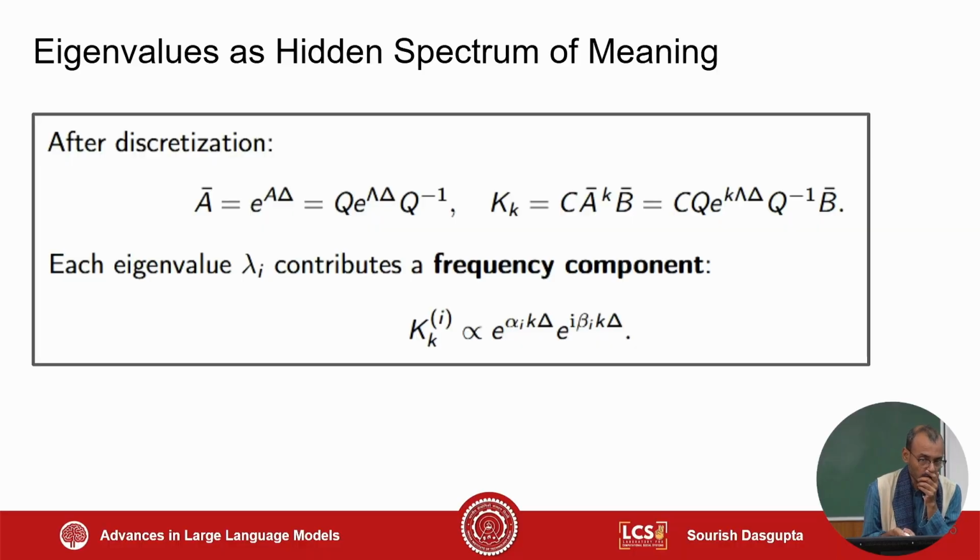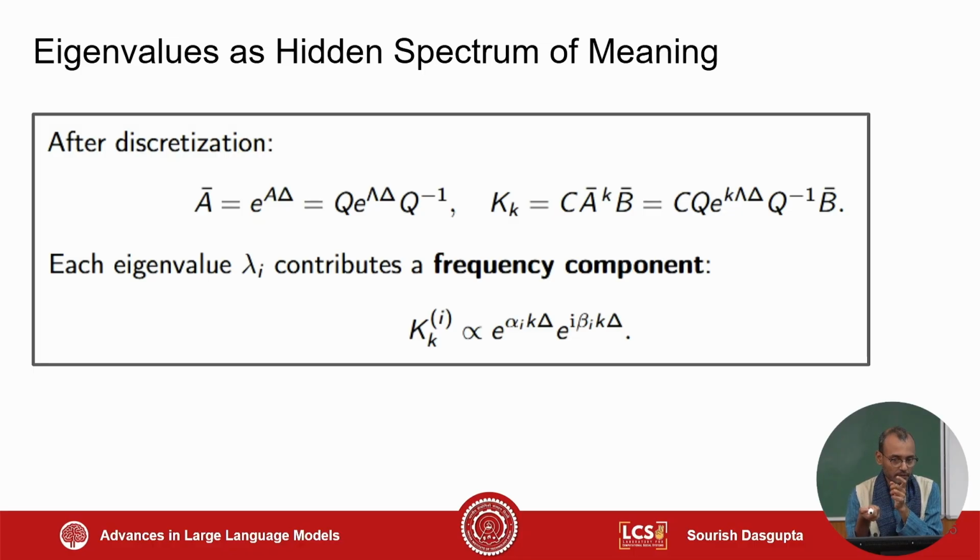So now, what is the relationship between the eigenvalues that we used to see before versus this omega? If you look at the kernel, it is C A bar raised to K, B bar. If you replace A bar with the eigen form, Q e to the lambda delta Q inverse, and plug that in, you get this.